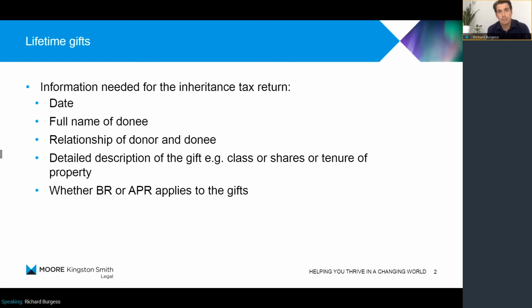So to save the executors time later on and to make sure there are no queries from HMRC, it's probably a good idea to write down how those criteria are met, possibly in a deed of gift, or at least have something on the file note so that the executors can be comfortable that there would be no tax to pay on a gift that was in fact eligible for a relief.